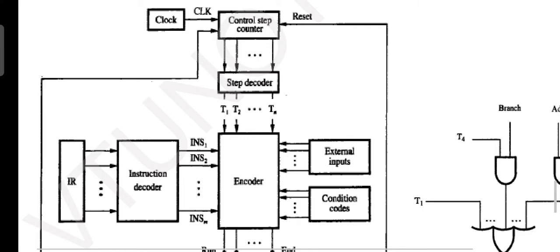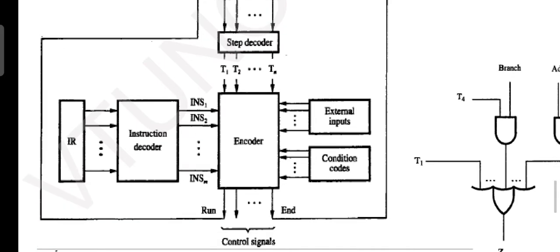We have a combination of instruction decoder and encoder circuit. They are associated with the instruction register. It may take external input or conditional input. External inputs are nothing but, while transferring the data, pressing of a button, or sending additional data. Conditional codes are nothing but flag bits. They are the indicators.